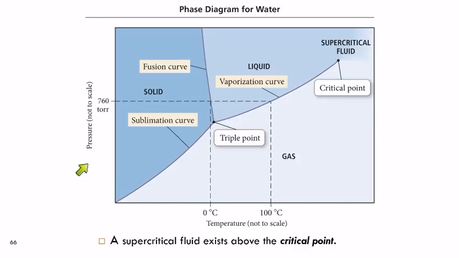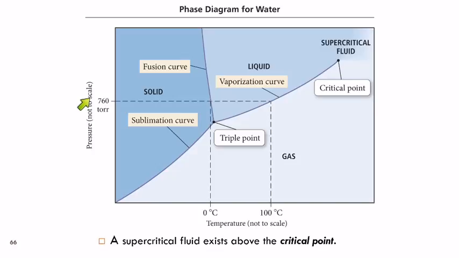Okay, so here we have our graph. This is for water. This darker blue area represents conditions under which water is a solid. Lighter blue, a liquid, and the lightest, almost gray here, is where it's a gas.